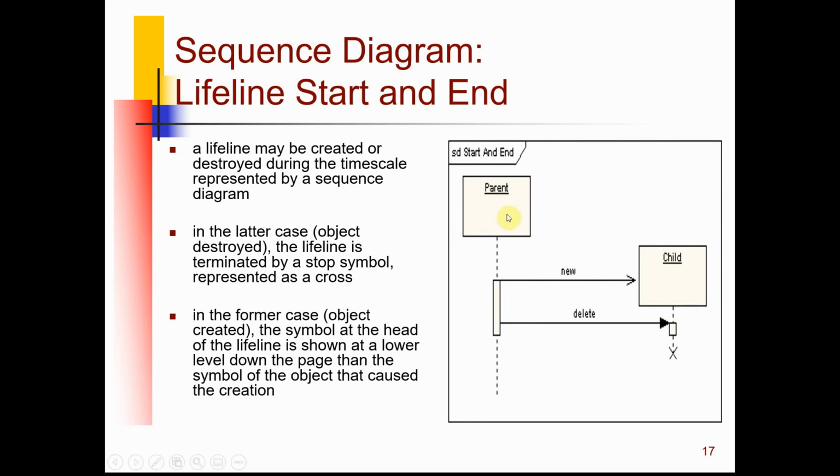Okay, in our example 2, we show that with a message an object can be created, and also you can delete an object. Accordingly, the messages are new and delete. The new is to create a new object, and the delete is to destruct an object.